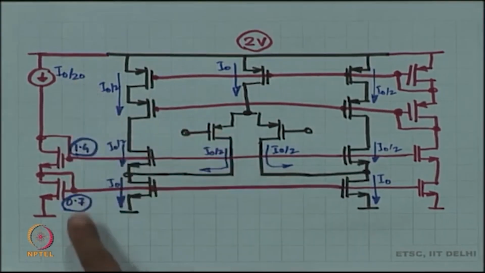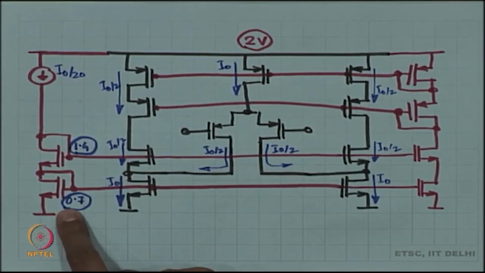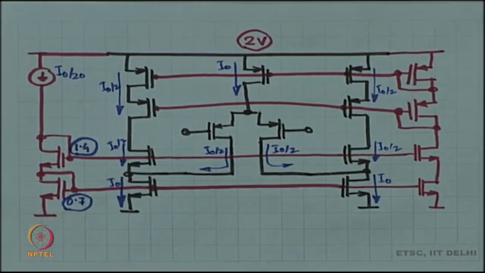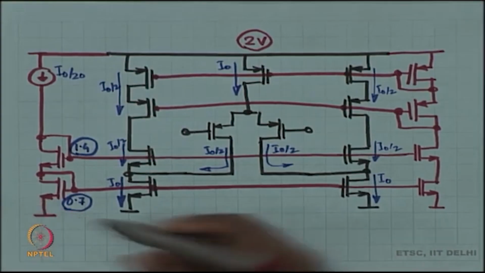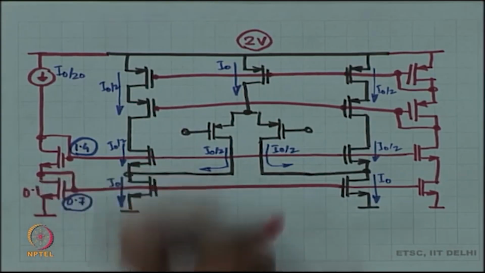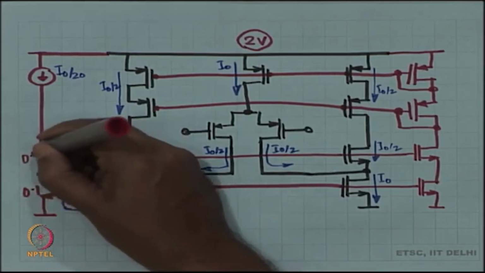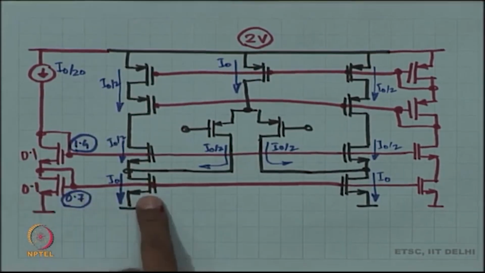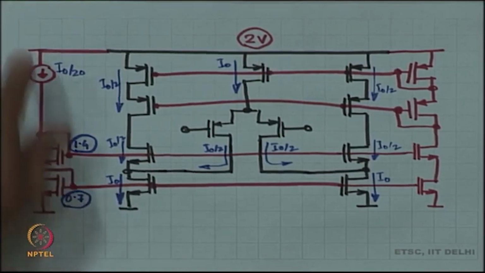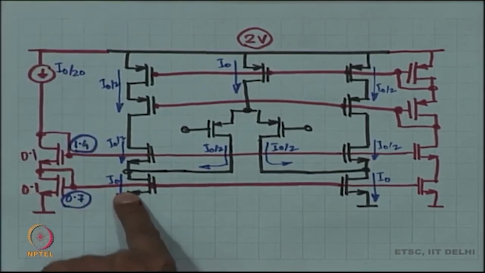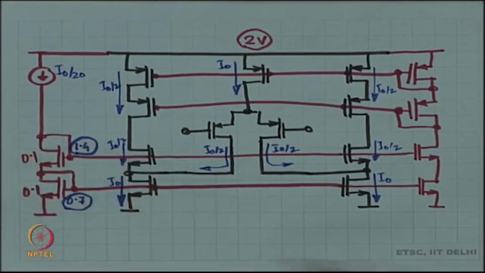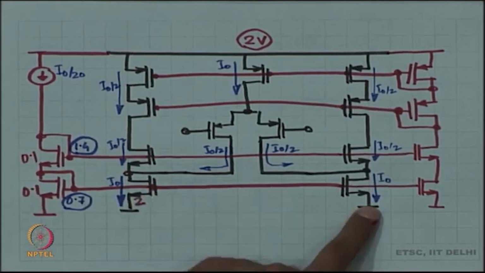So, this immediately tells you the relative sizes. If this is I naught by 20, and let us say I keep this relative size as 0.1, this as 0.1, then automatically that means that this is 0.1 I naught by 20. What should be the size of this relatively? 2.